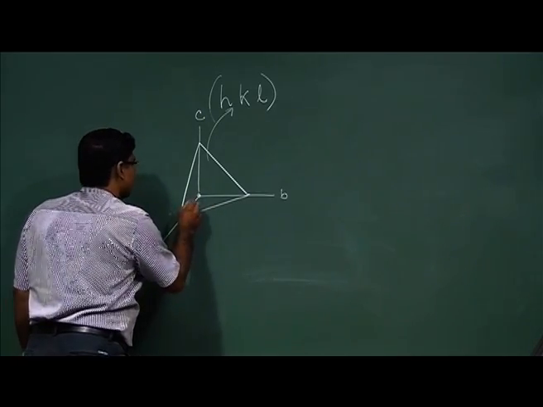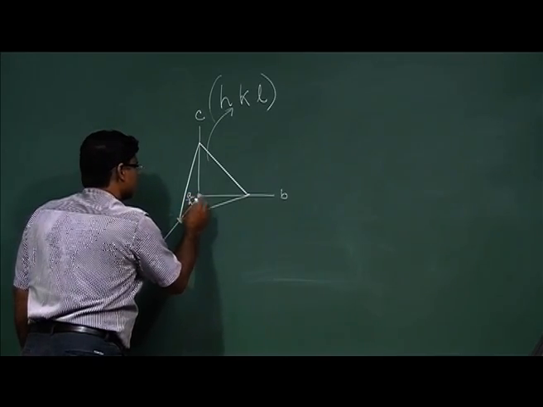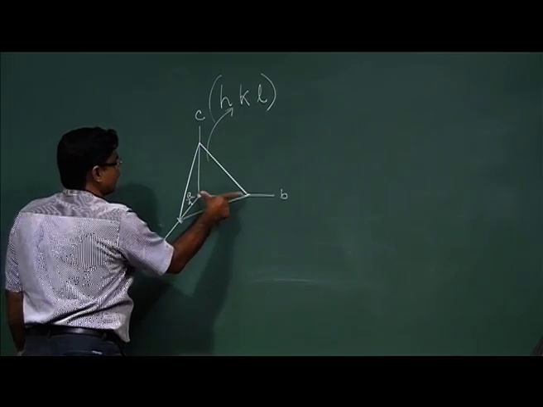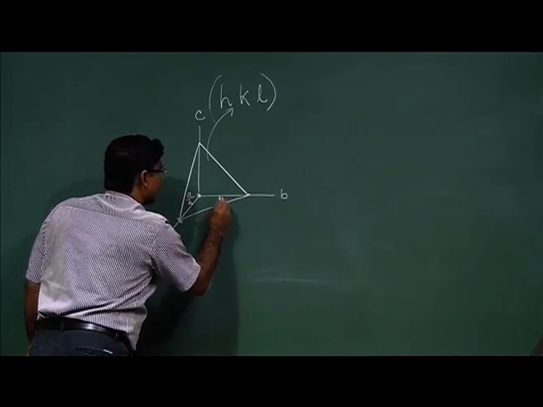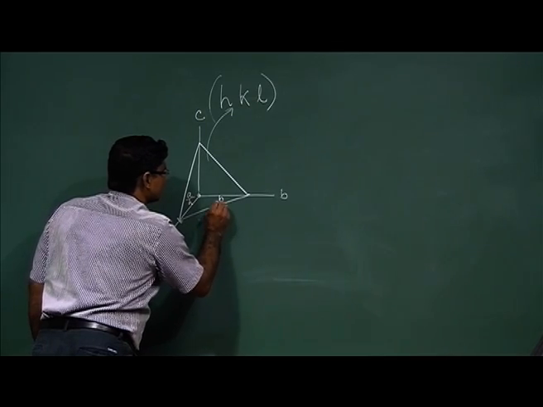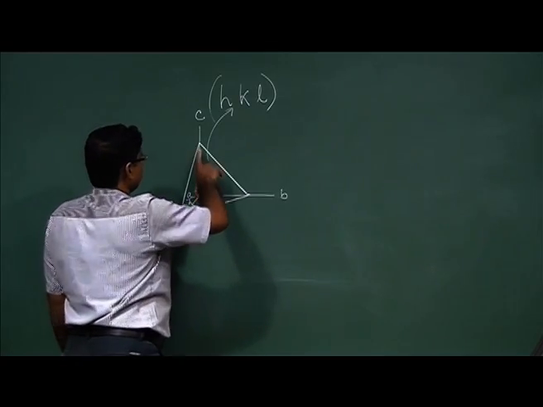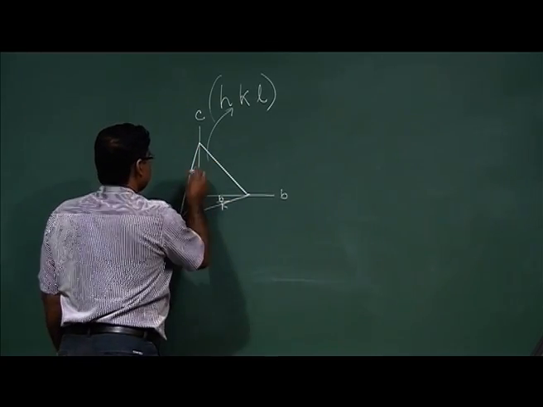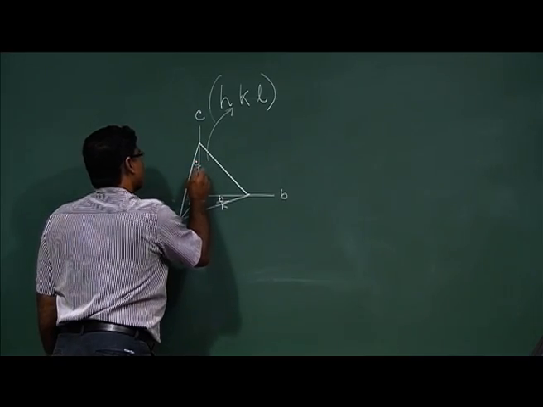This length will be A by H, this is B by K, and this is C by L.